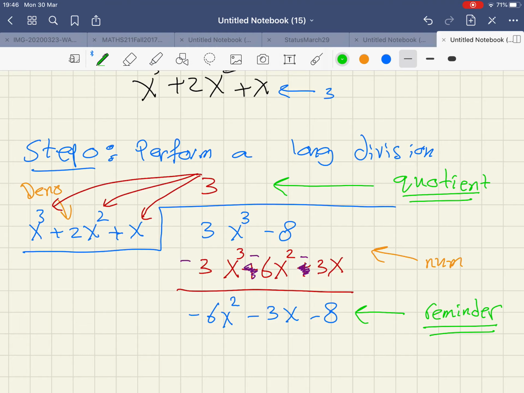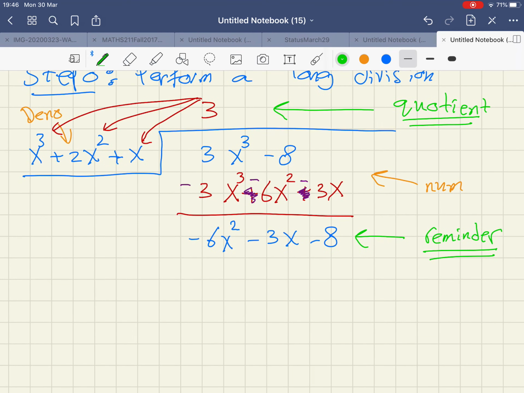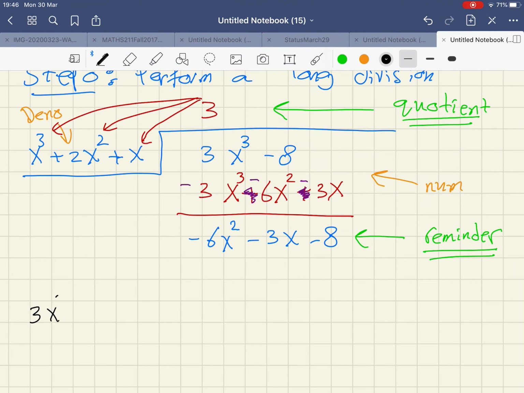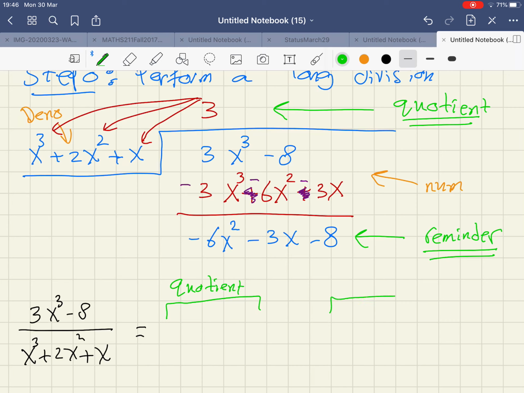And you can see that the next step we will do is the following. We need to write the function. The original function was 3x cubed minus 8 divided by x cubed plus 2x squared plus x. This was the question. Now, what I get from the long division is the following. First step, you need to write the quotient here and the remainder here. So go ahead and write them. Quotient is 3. The remainder is negative 6x squared, negative 3x, negative 8.